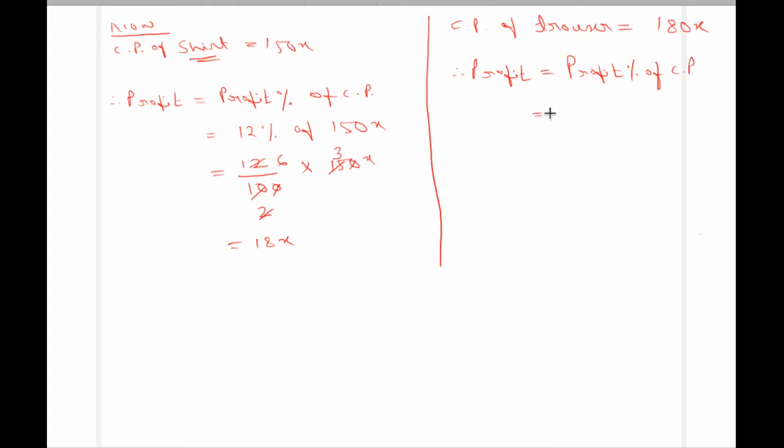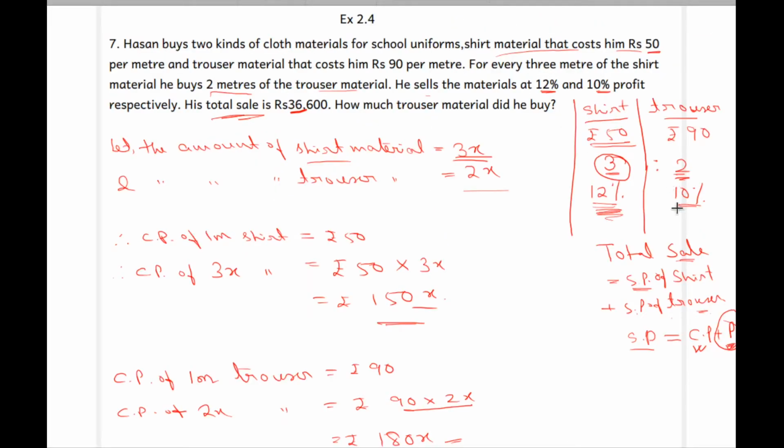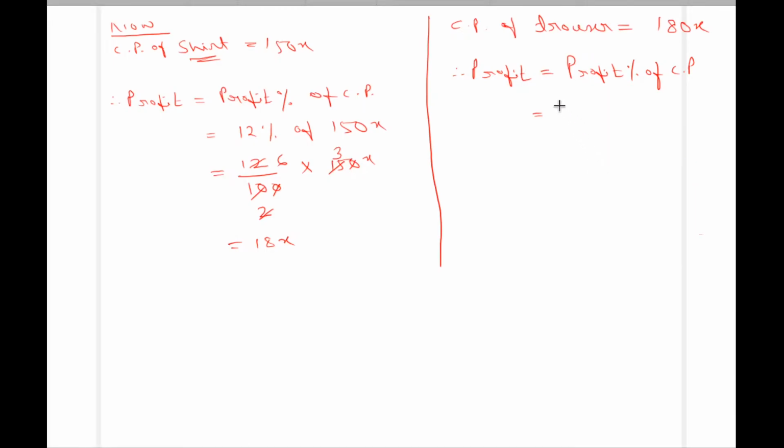Profit percent is 10% for trouser. 10% of cost price 180x. So 10 by 100 multiplied by 180x. The 0s cancel out, 10 and 10 cancel out, so we are left with 18x.